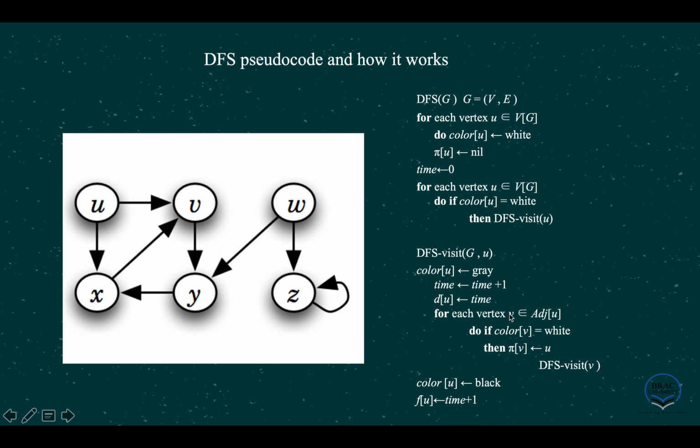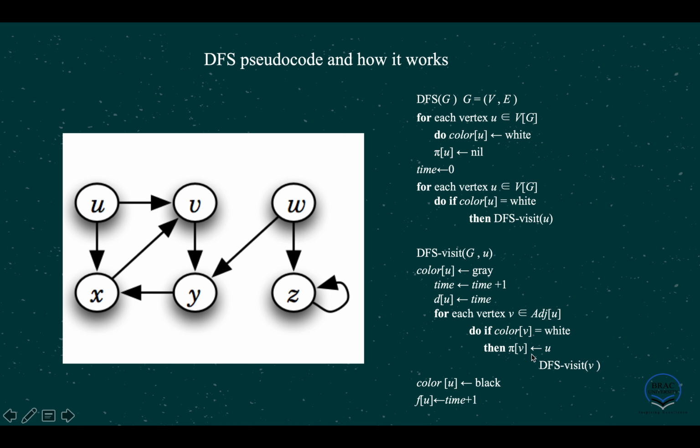Now we open a for loop. For each vertex v that is adjacent to u, we go to that vertex and see if the color is white. If the color is white, then we assign the predecessor pi[v] to u, because v has a predecessor of u, and then we call DFS visit v again.